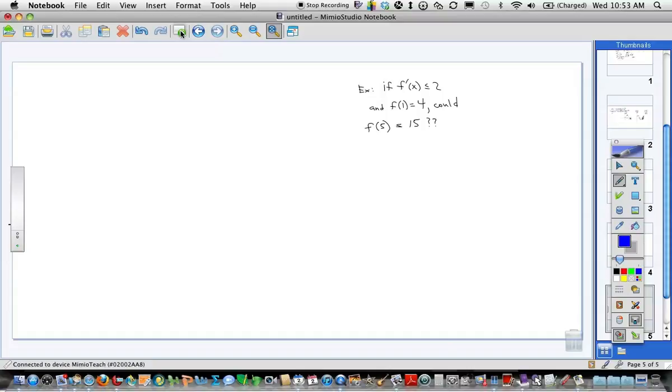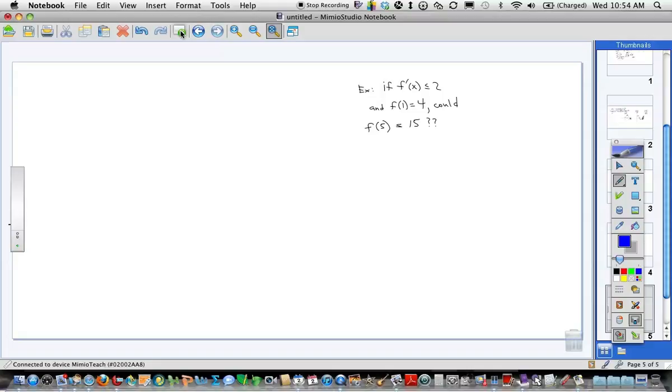Questions like that are the type that when you see them you think of the speed limit law. Okay? If f prime of x is less than or equal to 2 and f of 1 is equal to 4, could f of 5 equal 15? No.